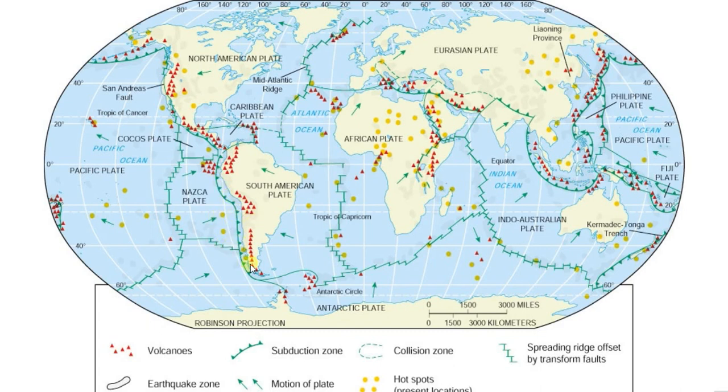So what are those triangles? Let's look at the key. Right here. Those are volcanoes. So here's an example of a place where rock is being subducted into the earth, and then we have volcanoes popping up along that entire plate boundary. Same thing here.